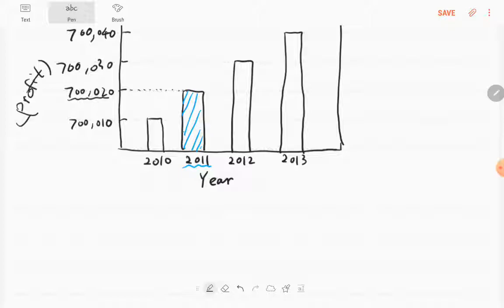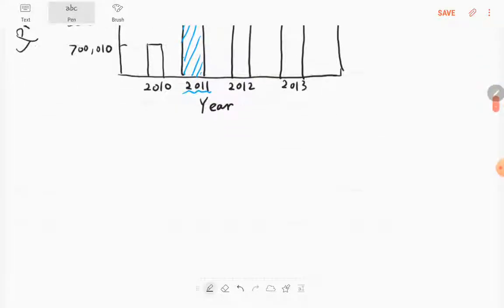First we check the horizontal line for different years or for different categories. Find the one we are interested in. After we locate the bar, then check the height of that bar. Then that value is what we want. Okay, so that's called a bar graph.